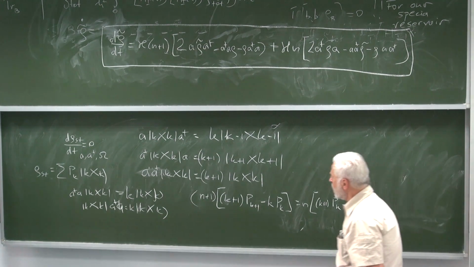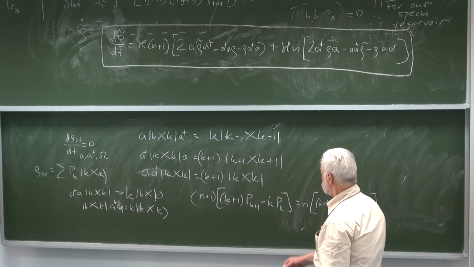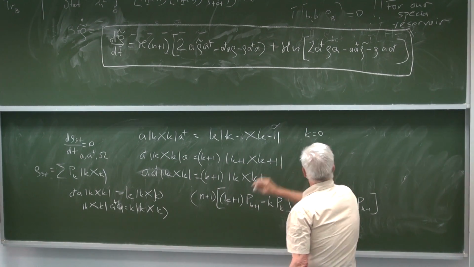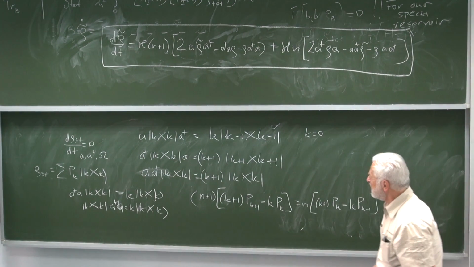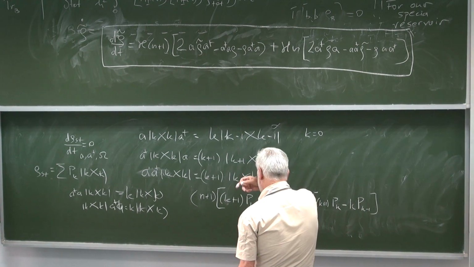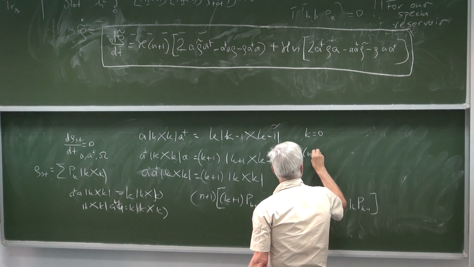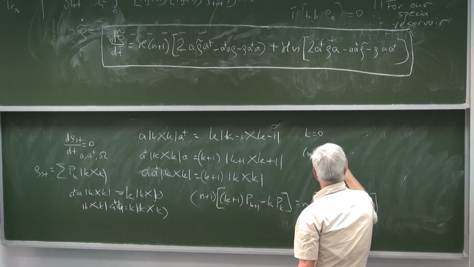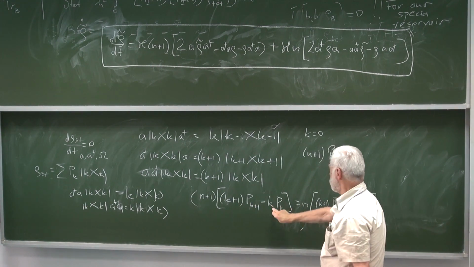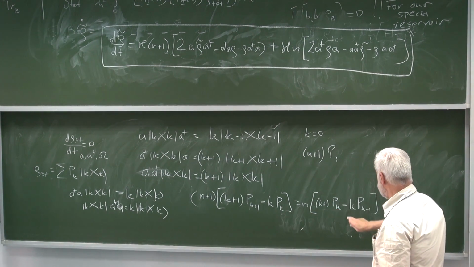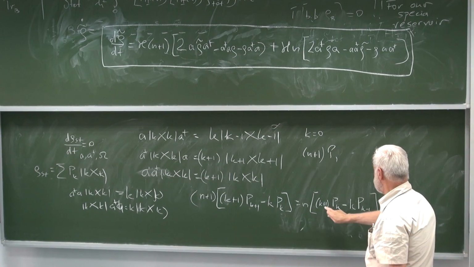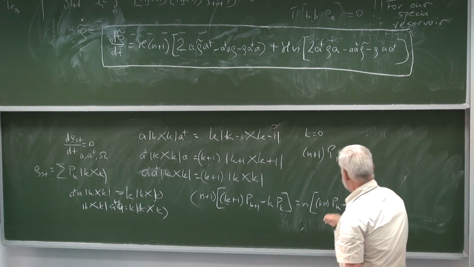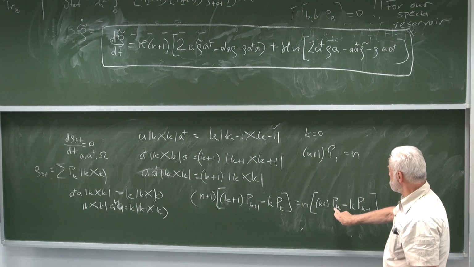Okay. First very simple observation. Let's see what happens if I put k equals 0. Then what I get on this side is (n+1) times p1. This is 0. Here I get n times 1 times p0.